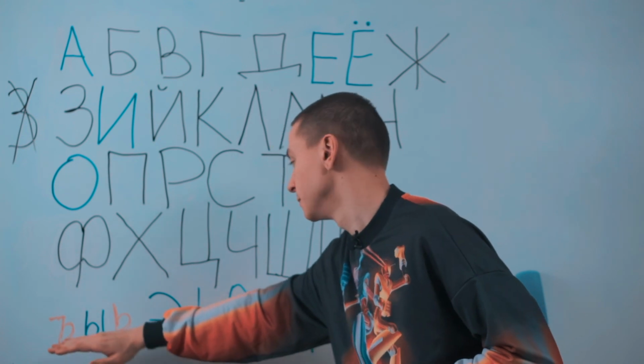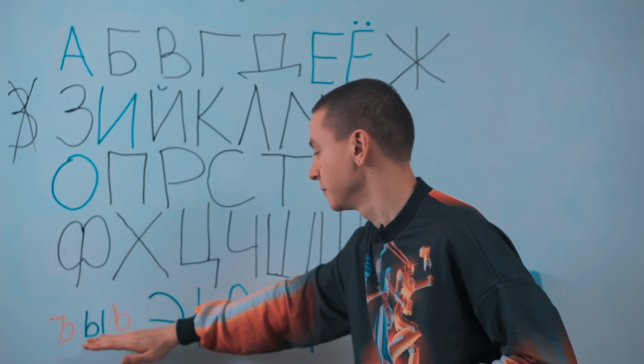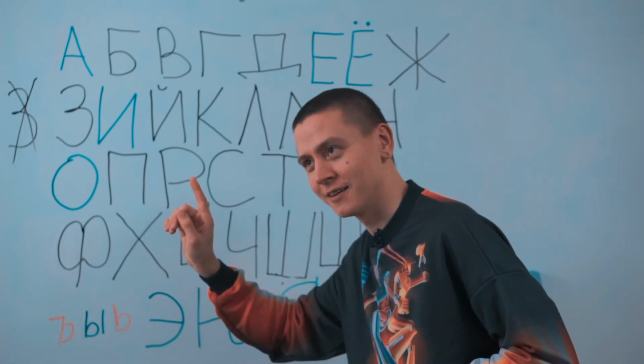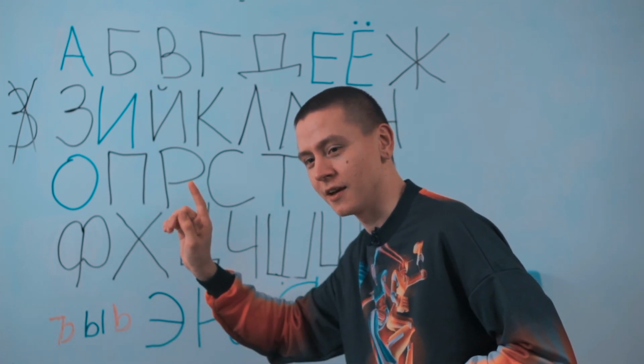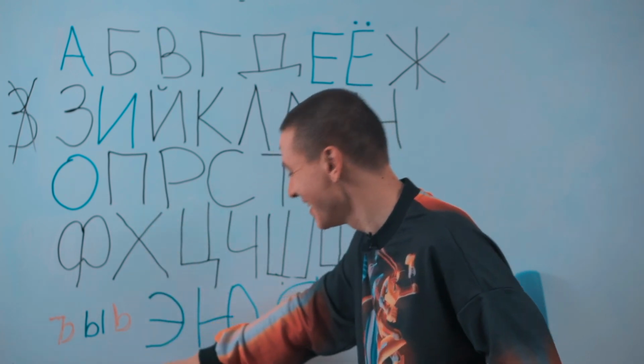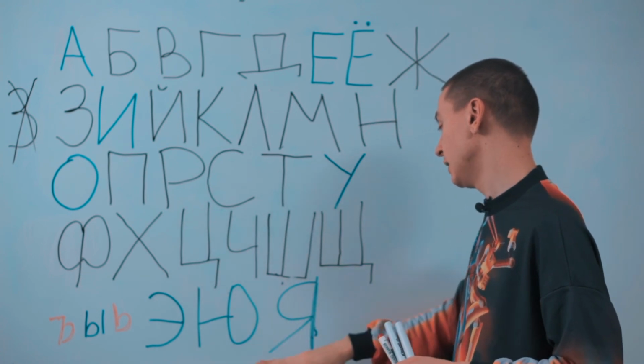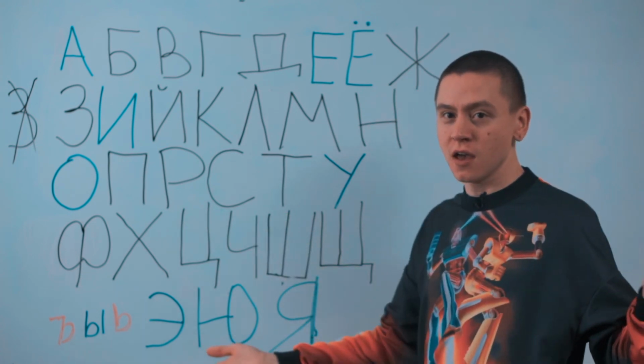Small oo. Soft sign. Can you hear it? I can't as well. It's soft sign. U. Yeah. Yay, that's it.